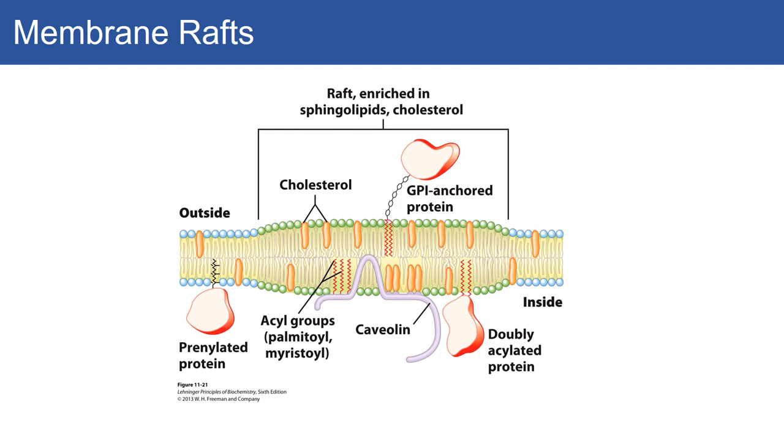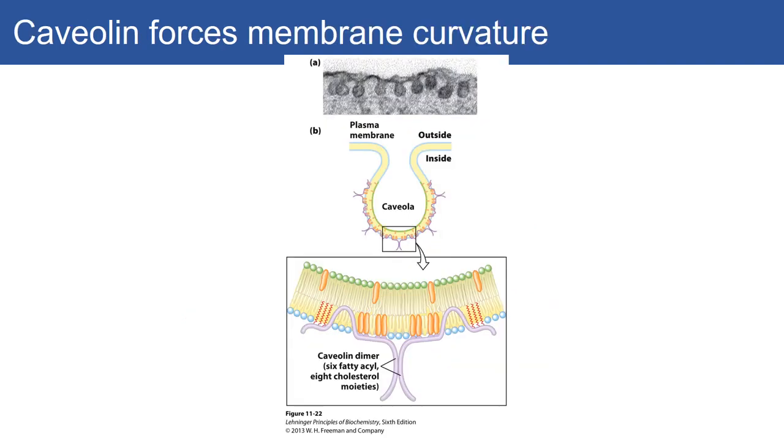Those all aggregate in certain regions that we call rafts. They have different fatty acid concentrations and higher levels of cholesterol, which allows proteins to be there. Proteins aggregate in these raft regions, and that provides specific aggregation and functionality at those sites.